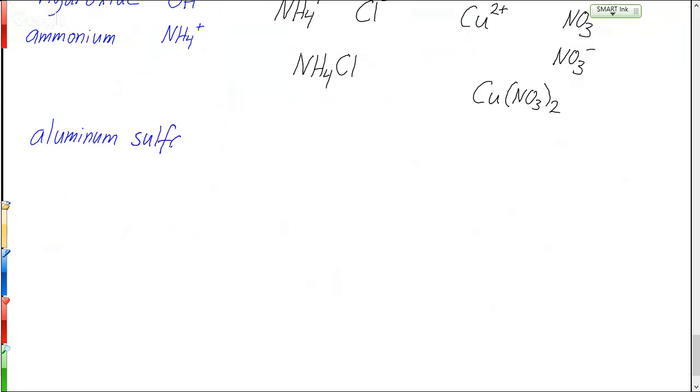First one, write a formula for aluminum sulfate.